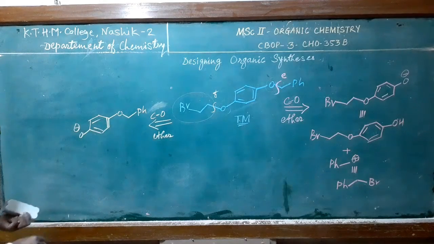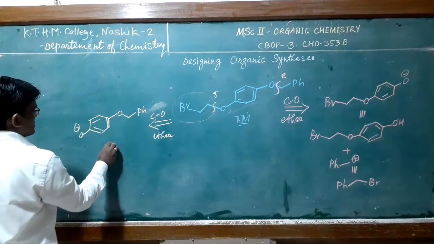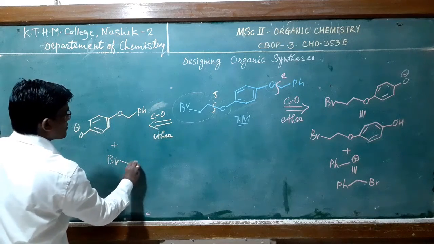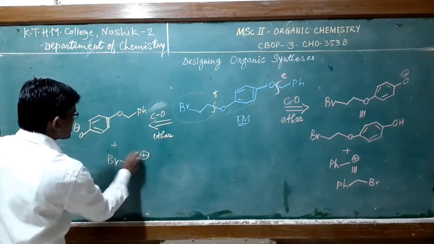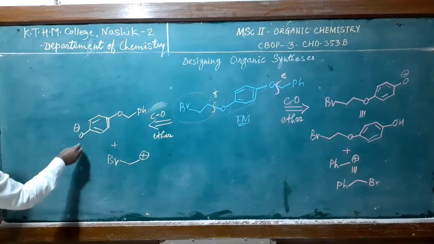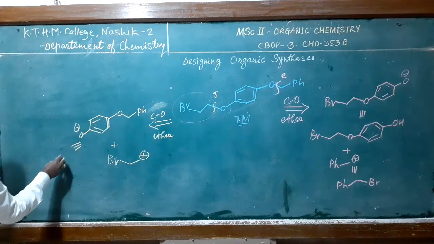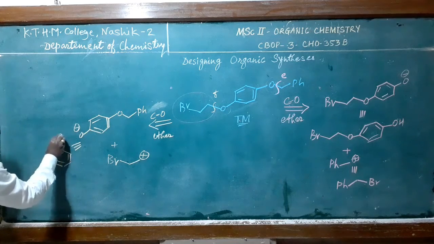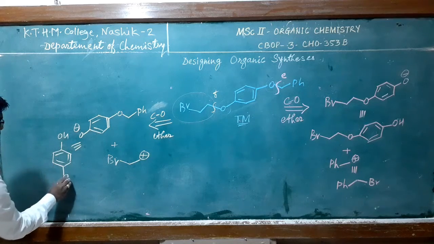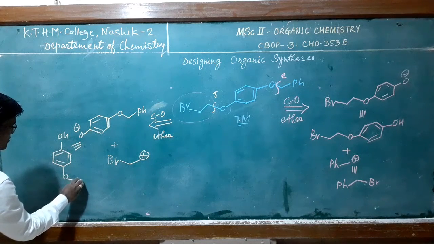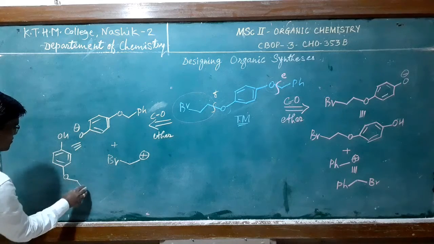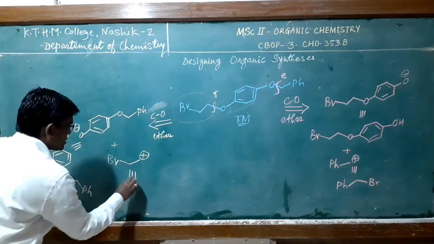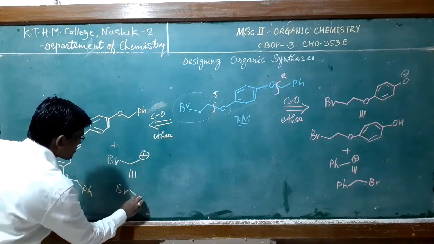This oxygen will have negative charge, so it is phenol, and this will have positive charge. This is the phenol and this is equivalent to dibromoethane.